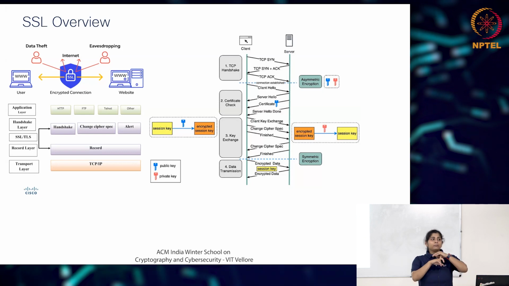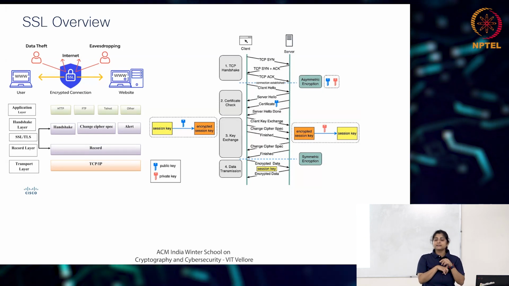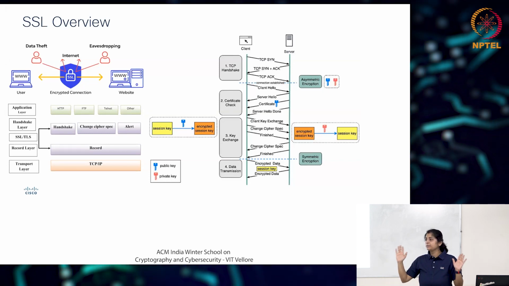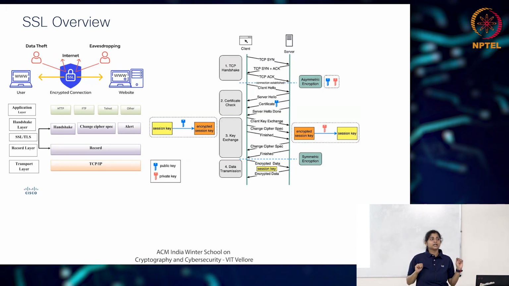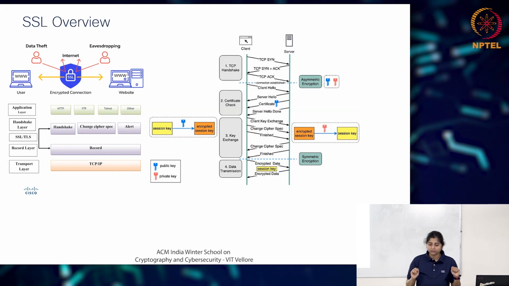Again, you have public-private key pairs. What happens is, client sends TCP SYN ACK, TCP port 443 is SSL TLS, okay? 443 default.